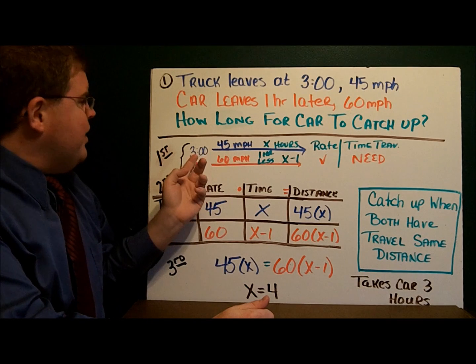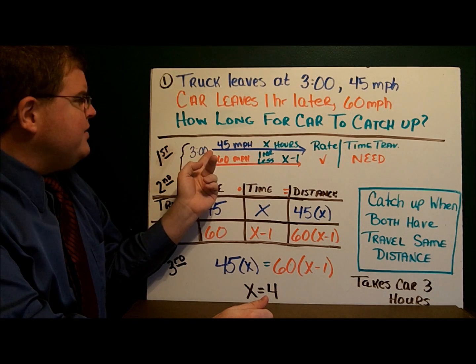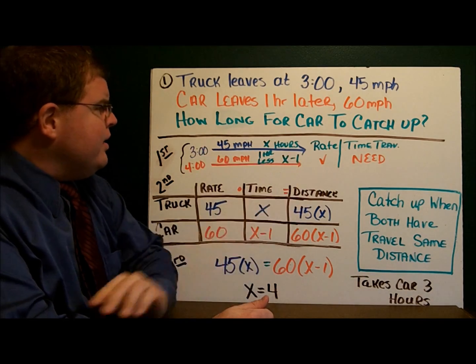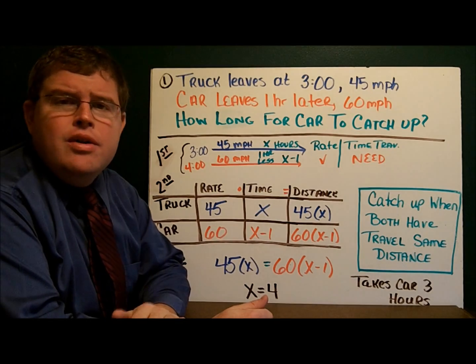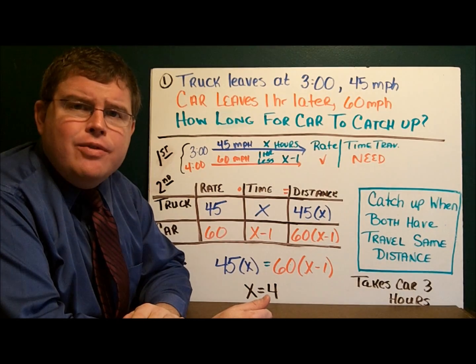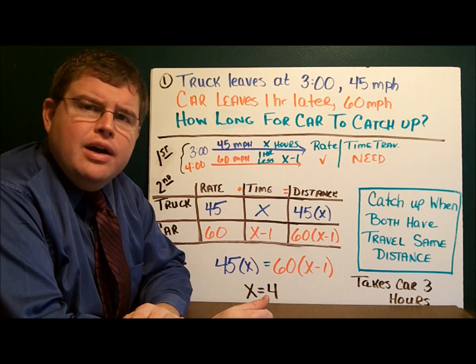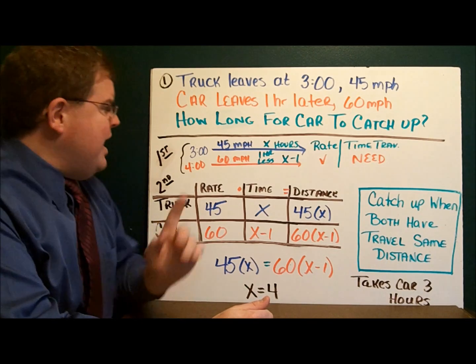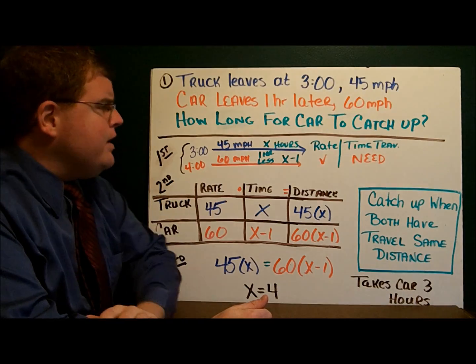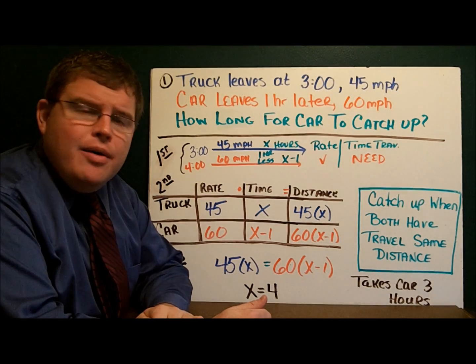Okay? So here we go. At 3 o'clock, the truck leaves and it's heading on the road 45 miles per hour. We don't know how long it traveled, so we just say it traveled for X hours because we don't really know. Then, an hour later, the car takes off. It's going 60 miles per hour.